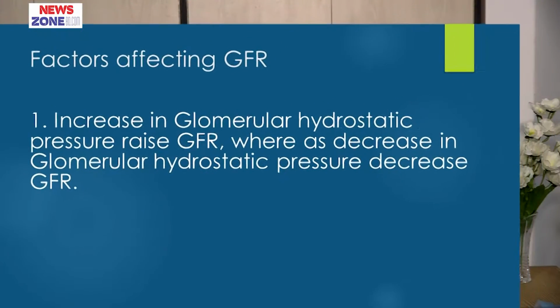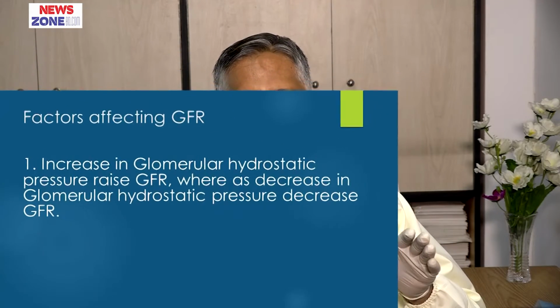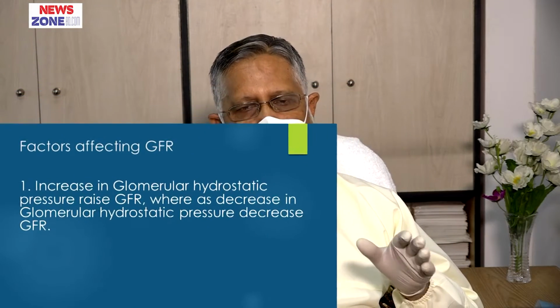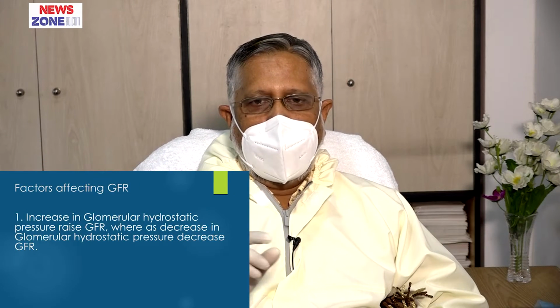This 10 millimeters of mercury ultimately filters the plasma from the glomerulus through the Bowman's capsule into the renal tubule. This is very important because it is often asked by the examiners in the oral professional examination. Please remember the pressures related to glomerular filtration rate.